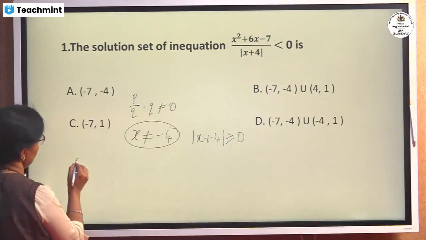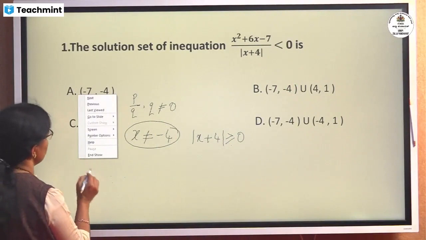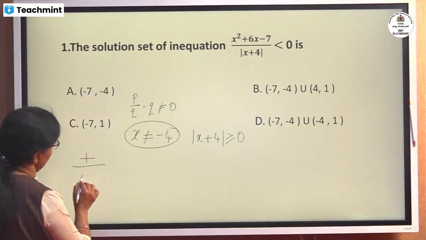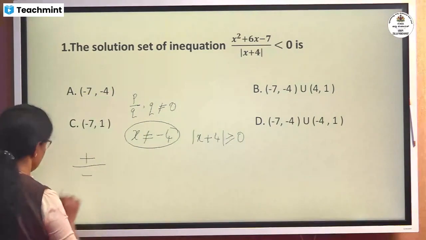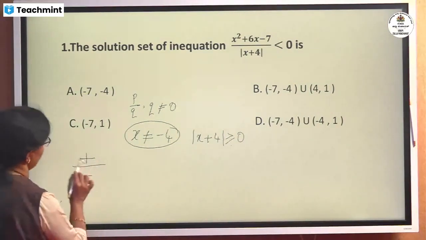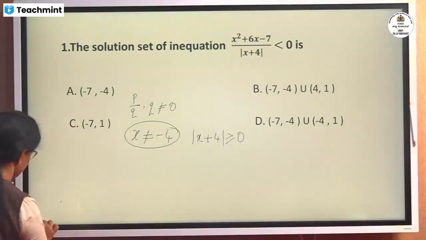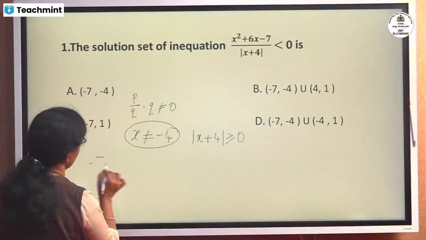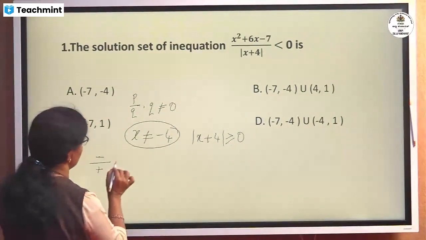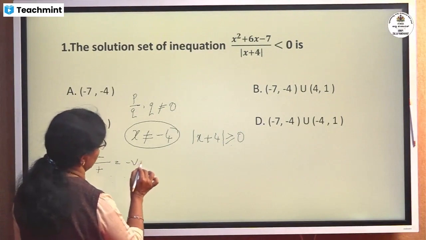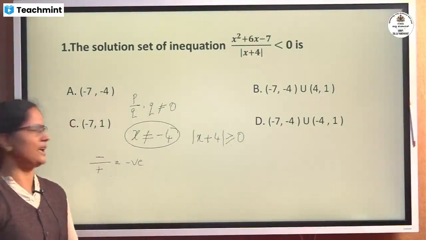How to get negative? If a negative term is divided by a positive term, then only you will get the result as negative.